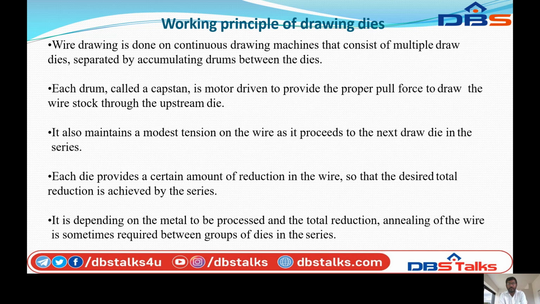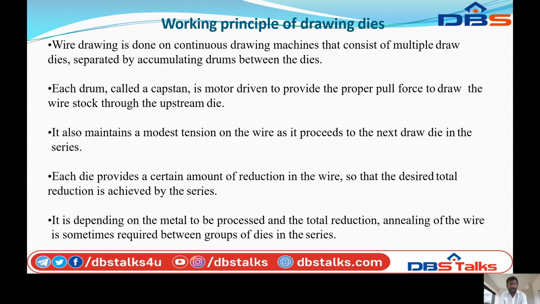Next, working principles of the drawing die. So what are the working principles of the drawing die? Wire drawing is done on continuous drawing machines that consist of multiple draw dies separated by accumulating drums between the dies.